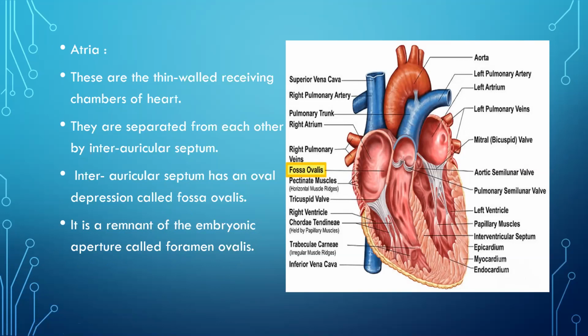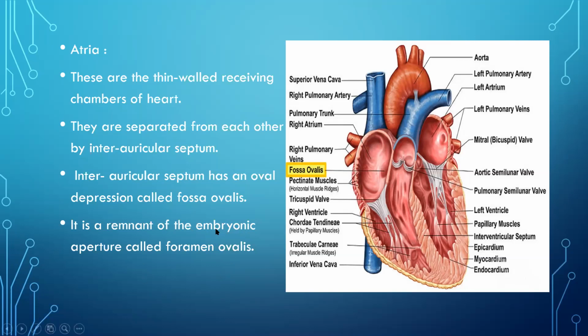Before a baby is born, it does not use its lungs to get blood rich in oxygen. Instead, this blood comes from the mother's placenta and is delivered through the umbilical cord. So the foramen ovale makes it possible for the blood to go from the veins to the right side of the fetus heart. I hope you are understanding.